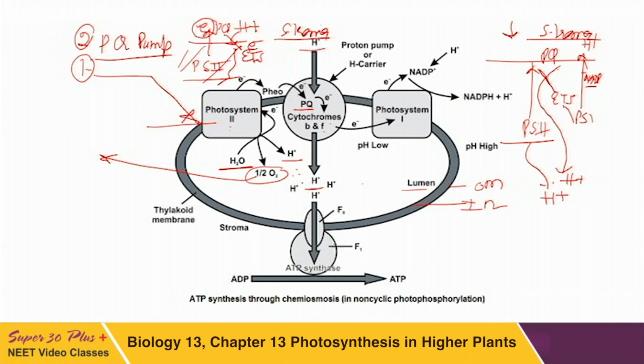So there are three reasons. One is photolysis of water. Second is the proton pump. And third, what is this third one? This is the reduction of NADP, that is, the use of proton ions.